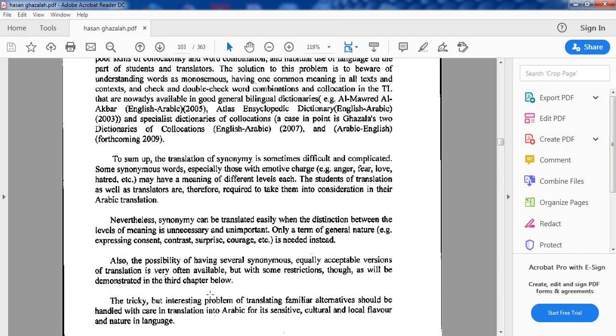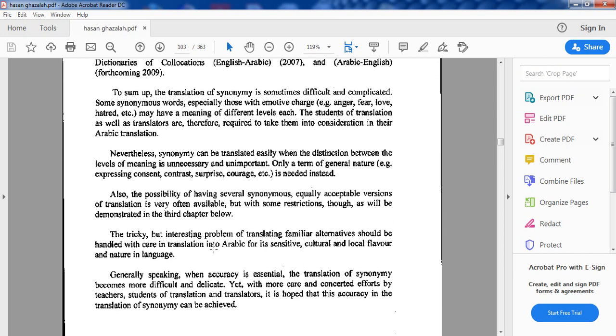The author will discuss this problem later. The tricky but interesting problem of translating familiar alternatives should be handled with care.